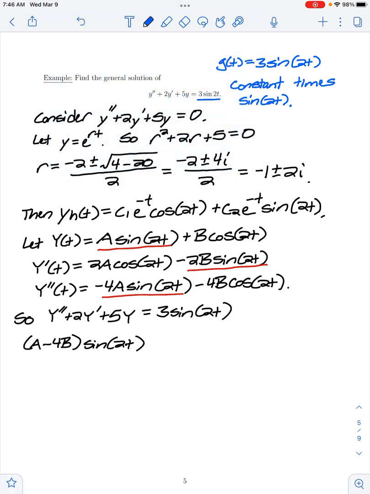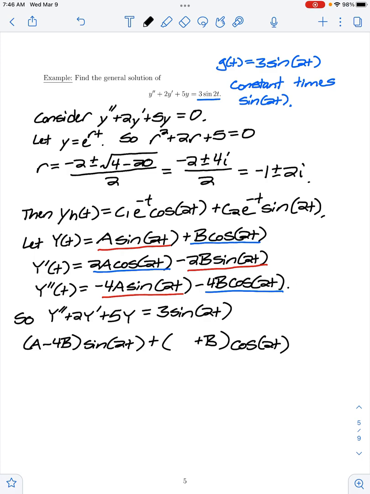And then collecting the cosine terms, let's see what we have. From y double prime plus 5y, I will be left with b times cosine of 2t.